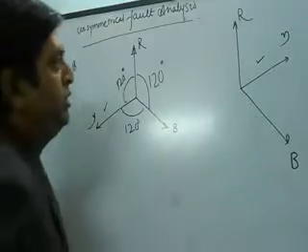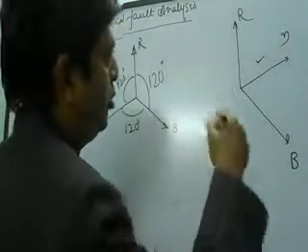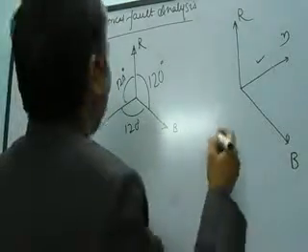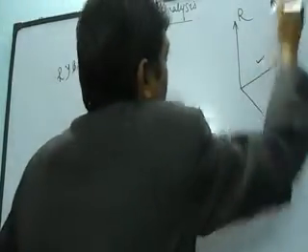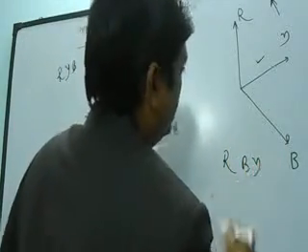So the sequence will not be RYB. Instead of RYB, if it is counted anti-clockwise, the sequence will be RBY.